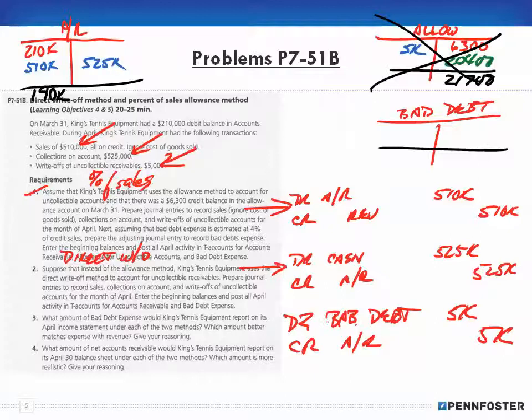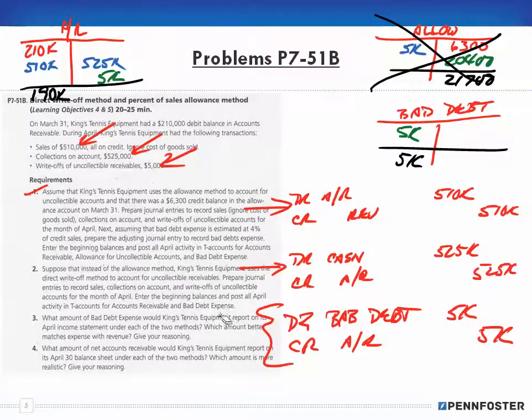But now with our direct write-off, yes, we are going to credit the $5,000 to accounts receivable, but for bad debt, instead of the $20,400 like we had with the percent of sales method in number one, we have $5,000 as our bad debt expense. So the balance in that account is $5,000. And remember, we're not using the allowance account at all. We're only using those two accounts. So that's number two. Go ahead and pause the video, and we'll come back and do number three.